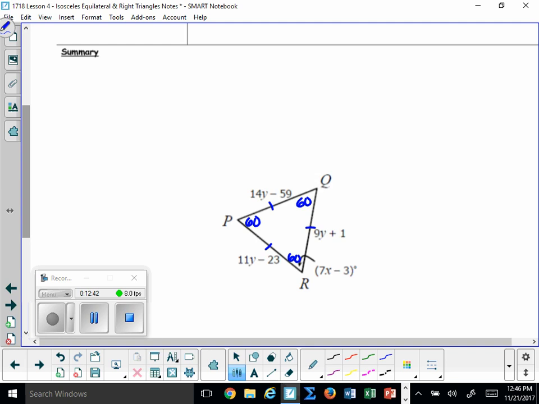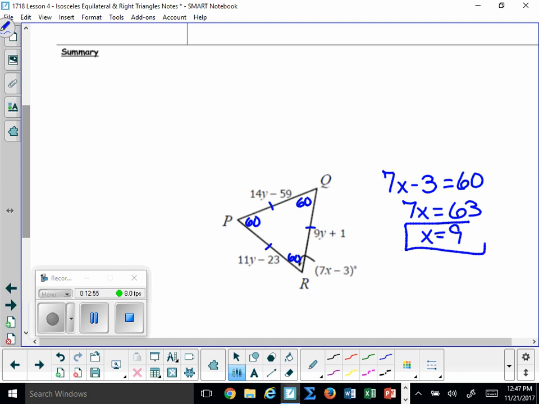Oh, so X is the simplest one to do. 7x minus 3 equals 60. X is 9. Okay, to figure out y, I can set any 2 of these sides equal to each other. 14y minus 59, that's looking a little big for me.